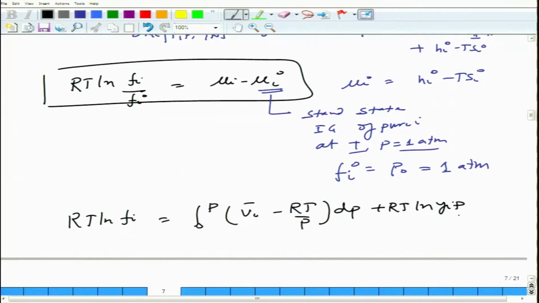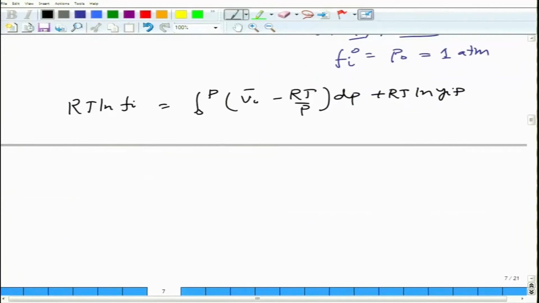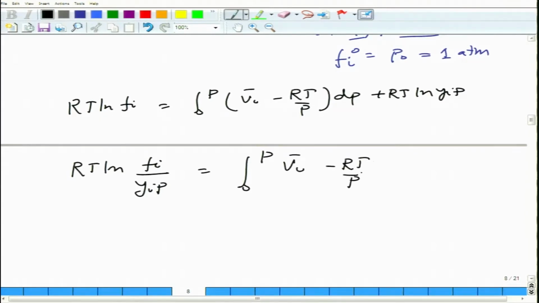I am removing this 1 atmosphere because that gets cancelled by fi0, and mu i0 gets cancelled by Hi minus TSi. So, what remains is only this term. This further can be simplified as RT ln fi over YiP equals the integral from 0 to P of Vi bar minus RT by P dP. I have taken out this expression here, and this comes out in the denominator.